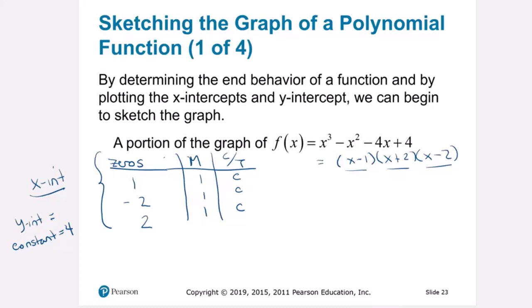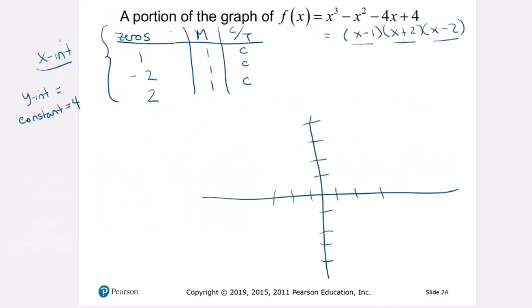And then we can begin to sketch. Let's begin. First thing I want to do is my x-intercept. I have a 0 at 1. I have a 0 at negative 2, and I have a 0 at positive 2. I also know my y-intercept is at 4. Those are all the points I know right now.